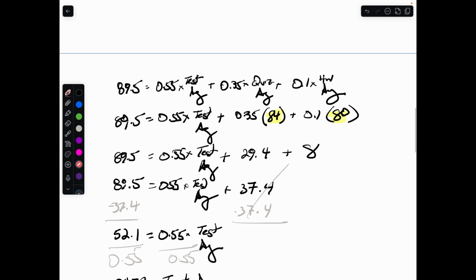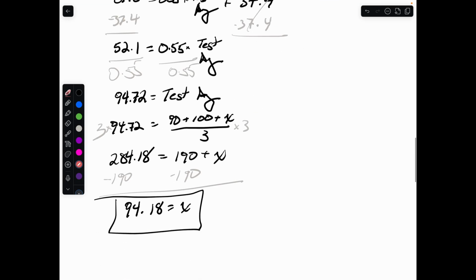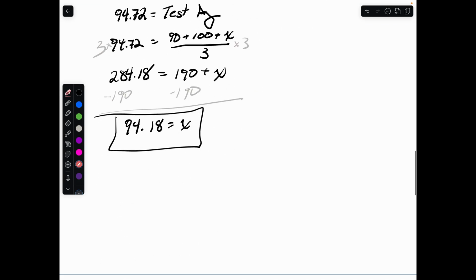This 89.5 would change to a 79.5 to make the B. You could go through all of these calculations and you would find out that he needs a 39.6 to make a B. So his chances of making a B are really high. Anything from 39.6 to 94.18 is going to give him a B. 94.18 or higher is going to give him an A.